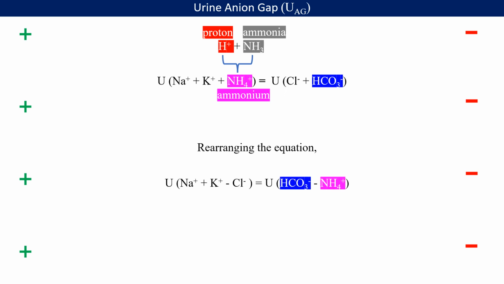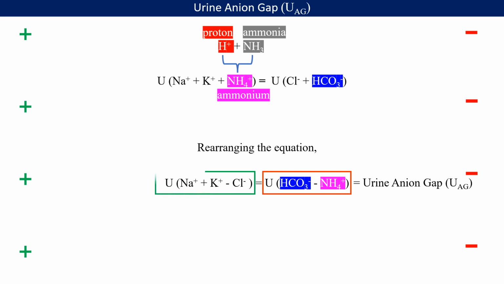Rearranging the equation to place everything that we can easily measure on one side, we get the equation urine sodium plus potassium minus chloride equals unmeasured bicarbonate and ammonium. This quantity of unmeasured difference between bicarbonate and ammonium is defined as the urine anion gap, which can be estimated as urine sodium plus potassium minus chloride.